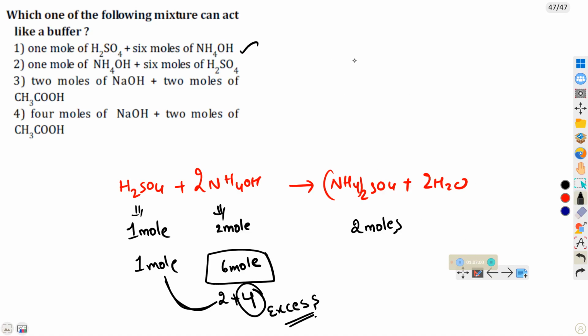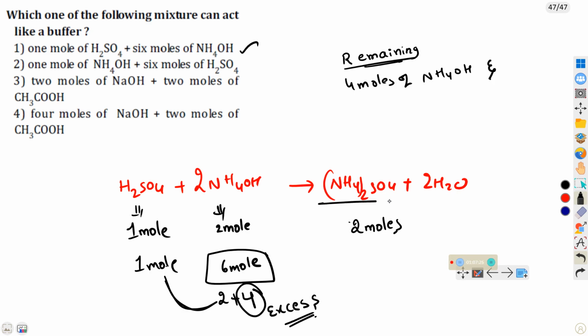The remaining 4 moles of NH4OH, and how many moles of salt are formed? 1 mole.